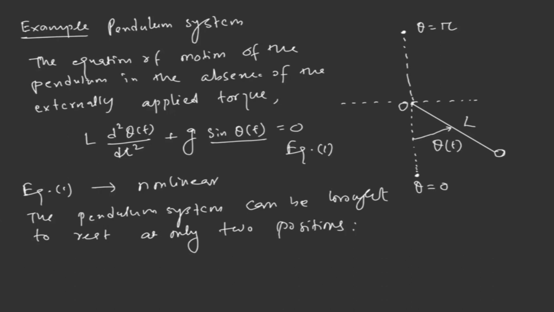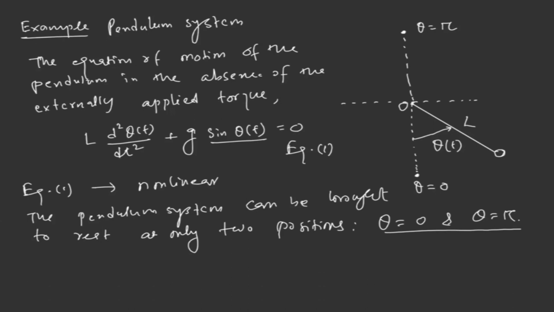One is theta equal to 0 and the other is theta equal to pi. Let's discuss how theta equal to 0 and theta equal to pi are arrived at. Let's find how these points are derived. These points are actually called equilibrium points. So how it is derived, let's check.